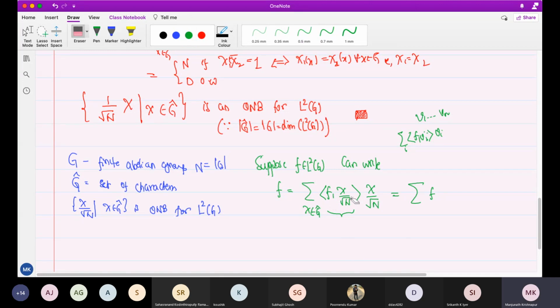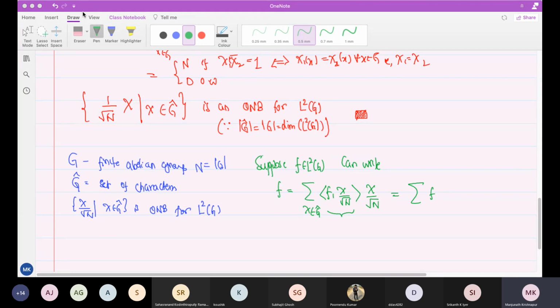That's why I take f inner product this times this. Did I answer your question? Yes, sir. My doubt was if the definition of G hat included the factor 1 over root n. It didn't. G hat are not scaled characters, they are unscaled characters.